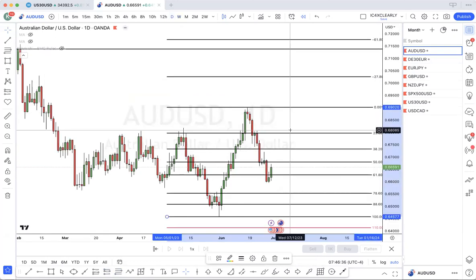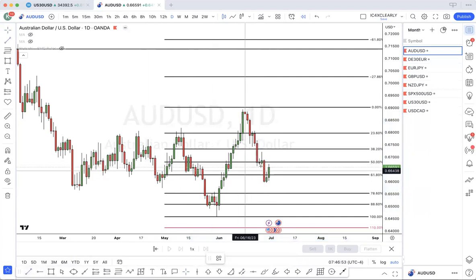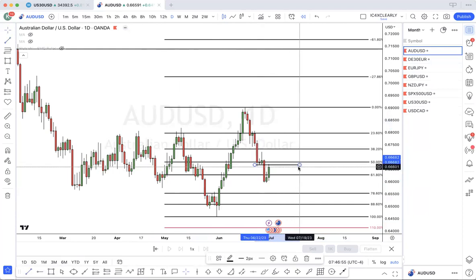Go to the daily. Although we have a bullish order block, it's still slightly bearish. So it could tap into this, could just be the retest of this supply zone here to continue down.